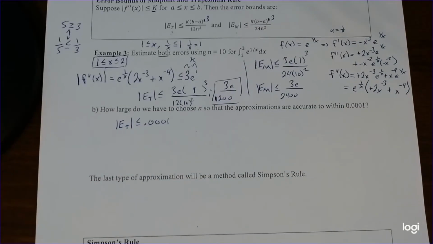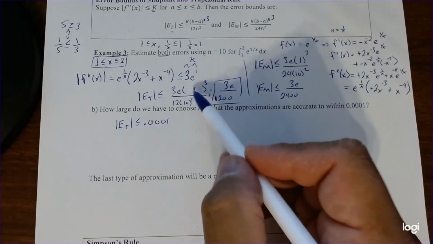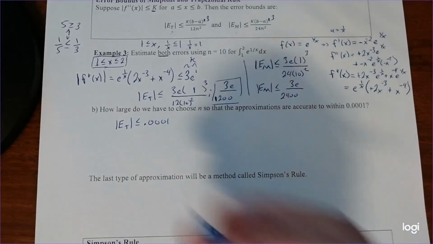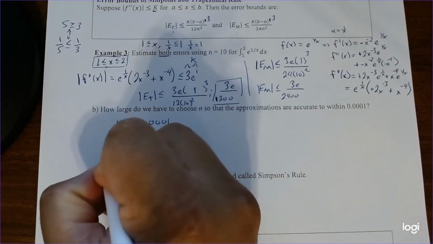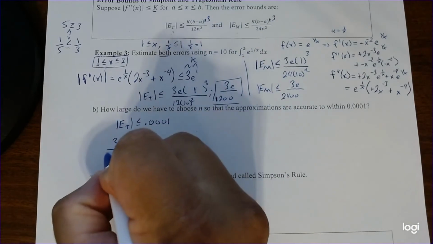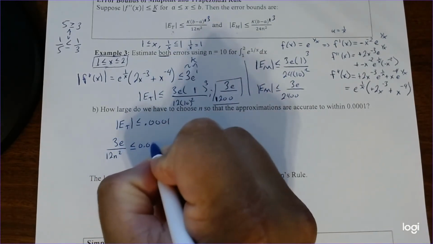Okay. So we already know what k is because it's using the same equation. So now I'm going to plug it in and just go backwards. So we know, going forward, this is going to be 3e over, using the trapezoidal, 12n squared, which is less than or equal to this value here.